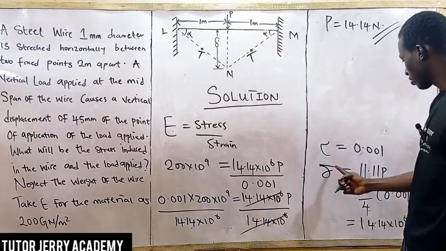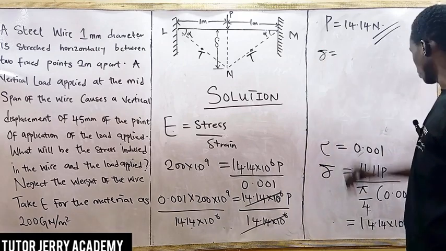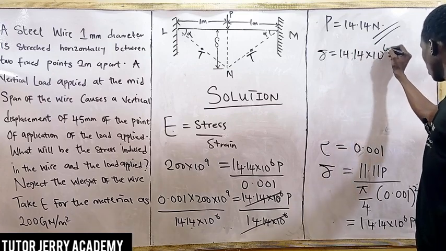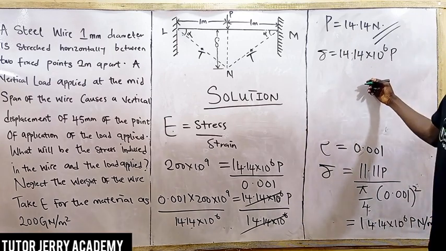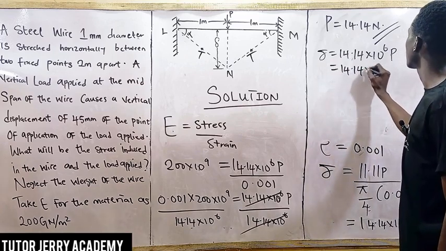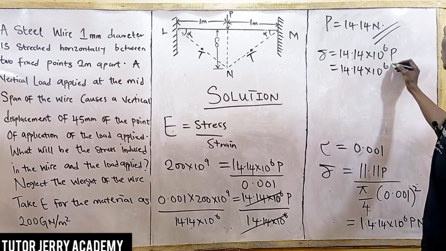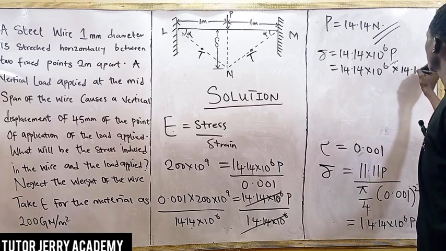Next, of course, we just need our stress. Do not forget that sigma is equal to 14.14 times 10 to the power of 6 P. It implies that we can substitute our value for P here to get sigma. Now we can substitute the value of P, which is 14.14 Newton. It will be equal to 14.14 times 10 to the power of 6 multiplying 14.14.